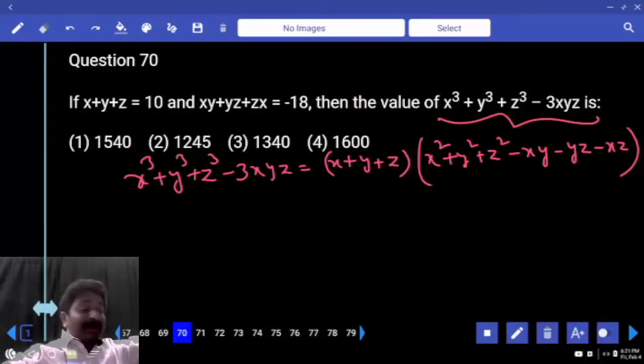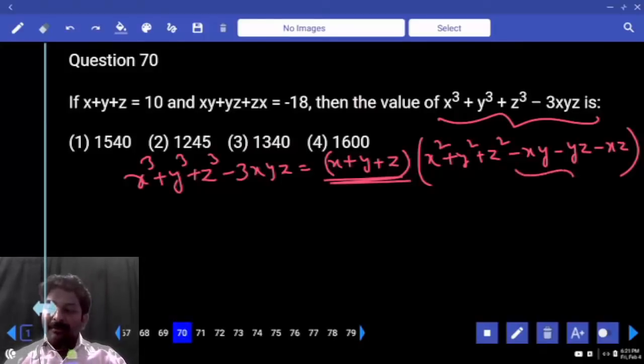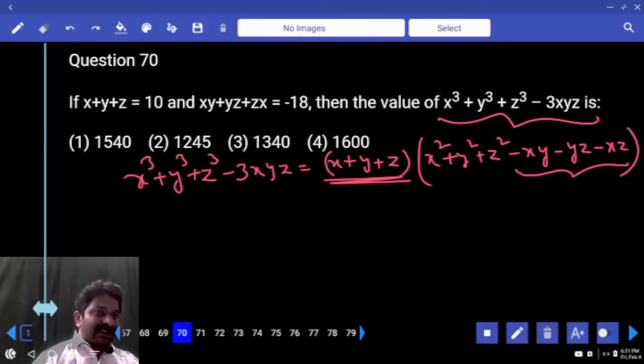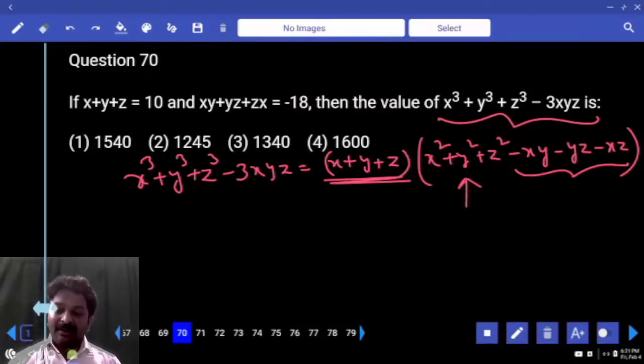X plus y plus z is already mentioned, 10. And if you take minus common, that becomes xy plus yz plus zx, that is also there, minus 18. But what is not there? X square plus y square plus z square. So now you should think about this.